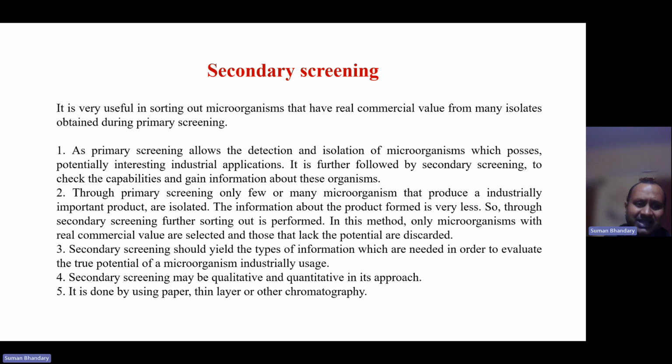So in the secondary screening, qualitative secondary screening tells us the spectrum of microorganisms which are sensitive to newly discovered antibiotic, but quantitative secondary screening tells us yield of antibiotic, which can be expected when microorganism is grown in various different media.